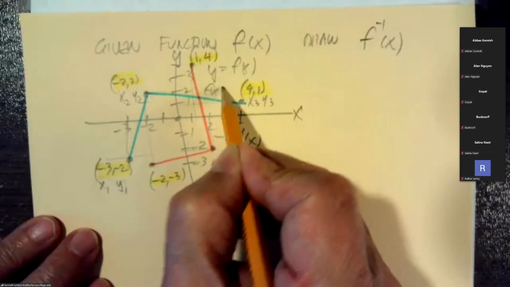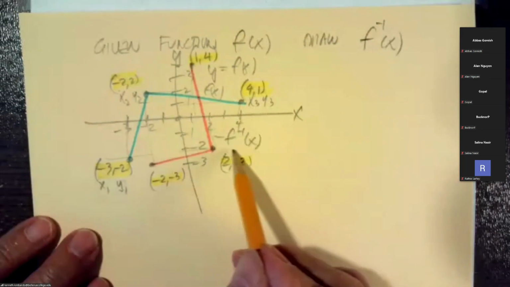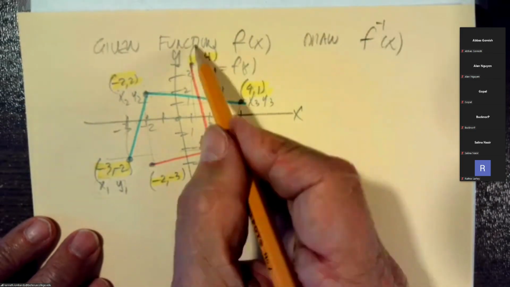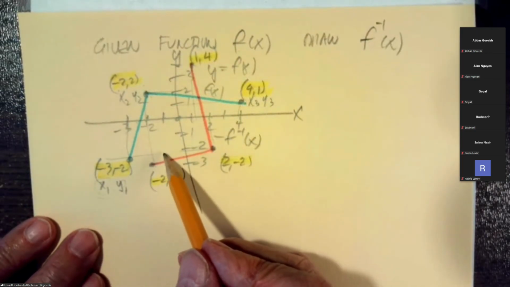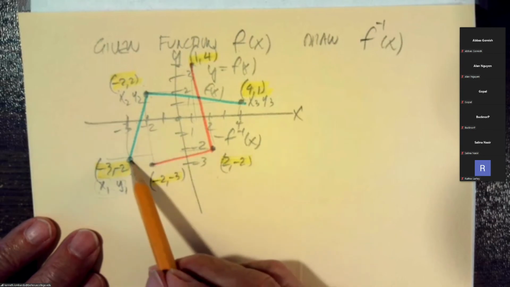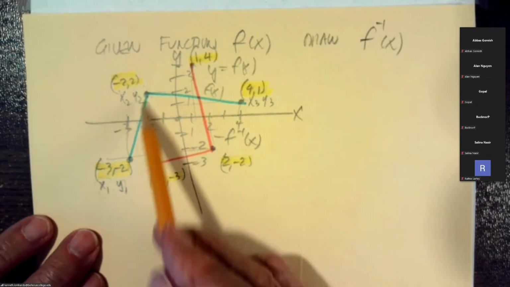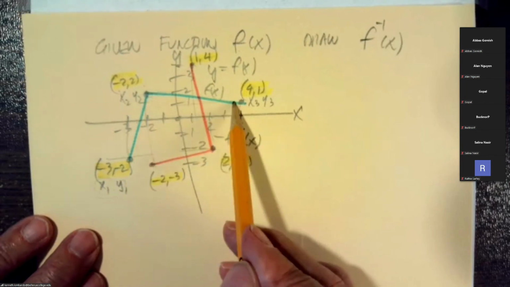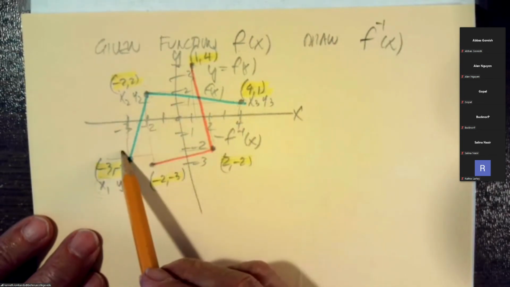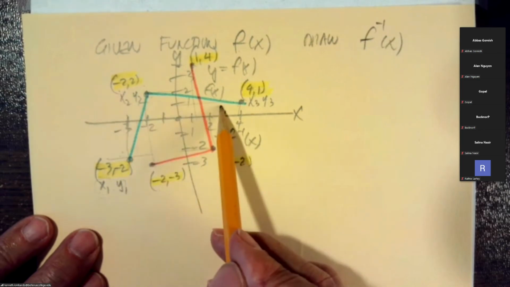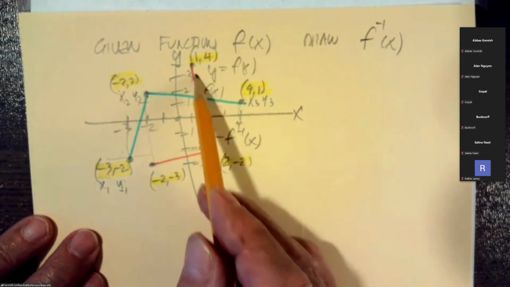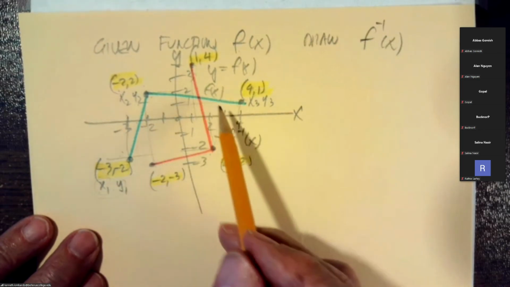So here's f of x, blue line, and the inverse of x is this pink line here. And we got that by simply swapping the coordinate points on the y equals f of x line. We're given 3 points. We swapped the values and plotted, and we got f inverse.